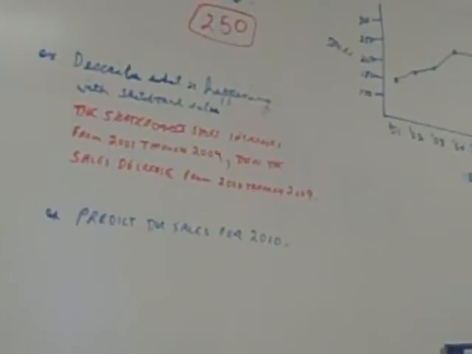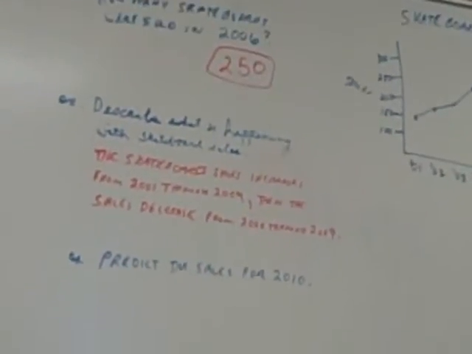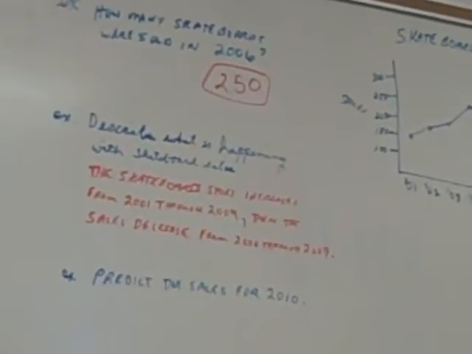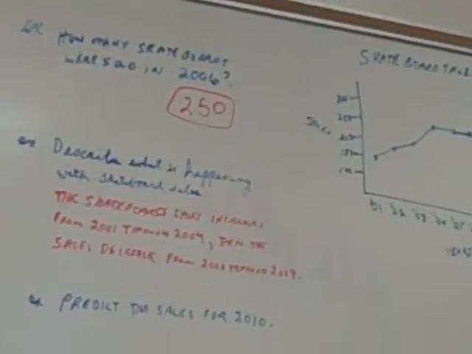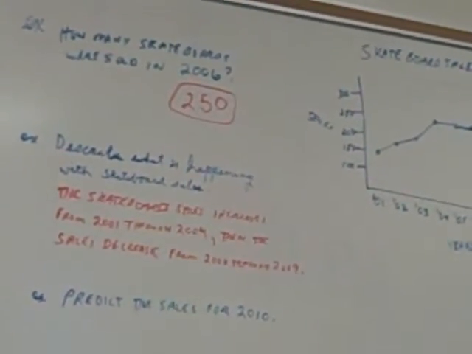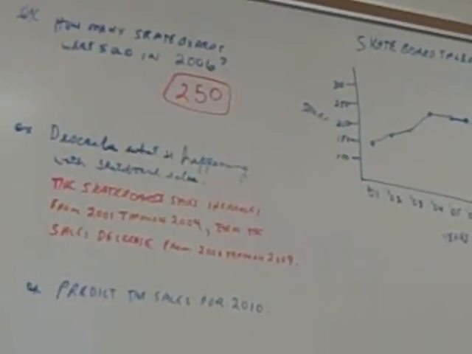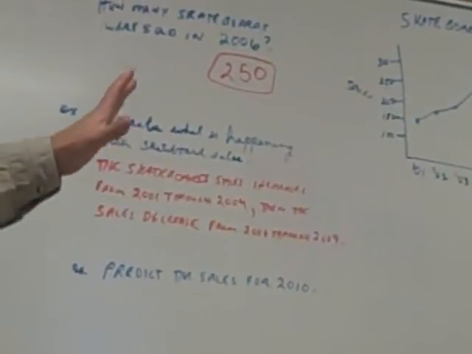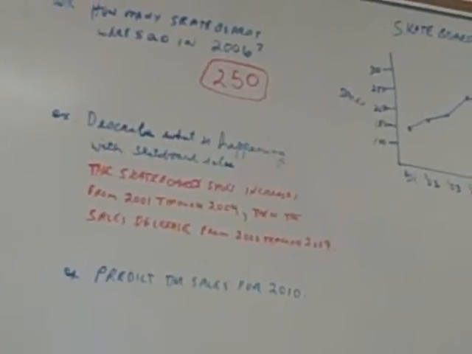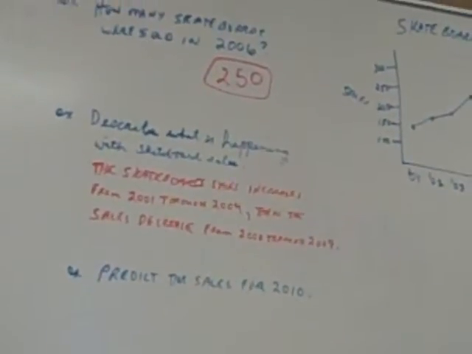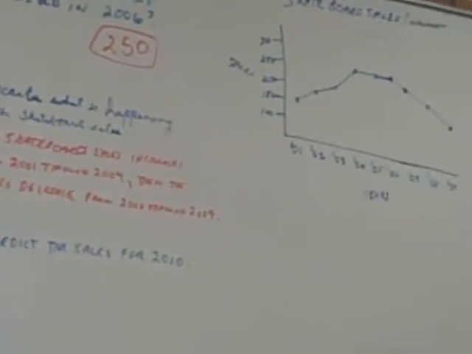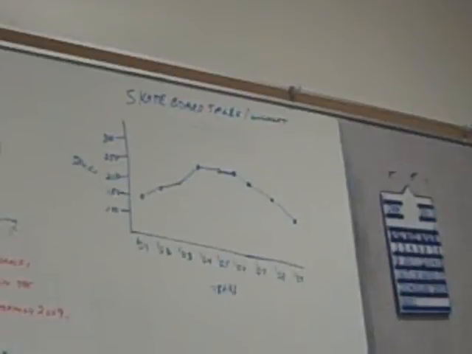All right, we have described what is happening in that graph in good explanation words. The skateboard sales increase from 2001 through 2004, then the sales decrease from 2006 through 2009.